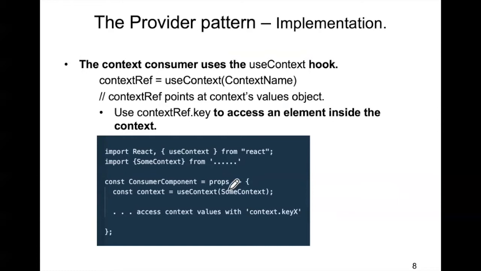I'm laboring the point, I know, but it's not the provider component that you're referring to here. It's the actual context construct that you're referring to. And here then is where I would go context dot some key in order to get at some entry within the context construct.